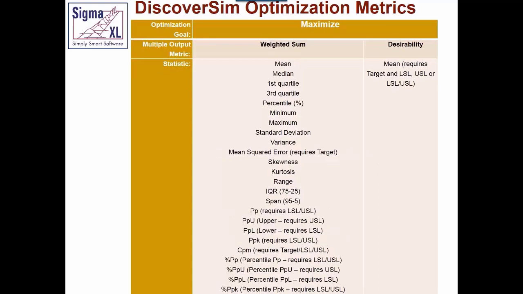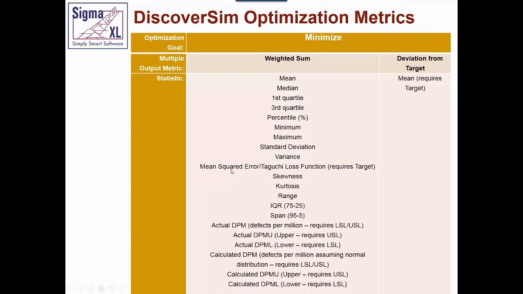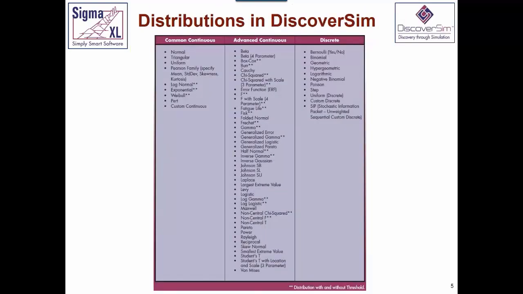We also have a desirability function. Desirability function is useful in a multiple response optimization problem, so more than one output. And also we have minimize mean squared error, which is another useful one, Taguchi loss function. So if you have a target, it incorporates a penalty for deviation from target.